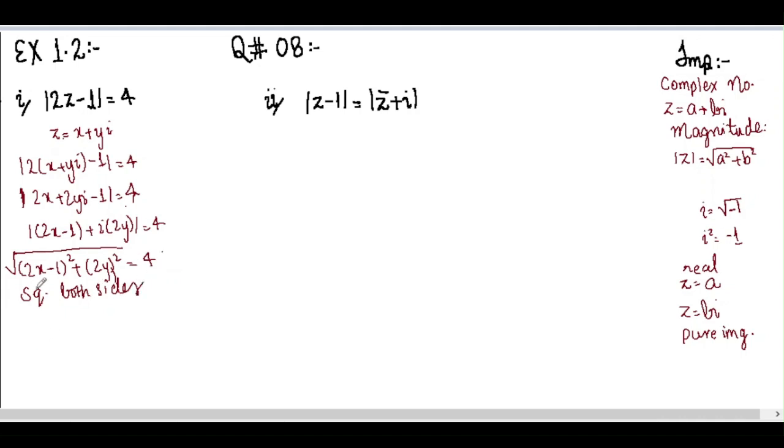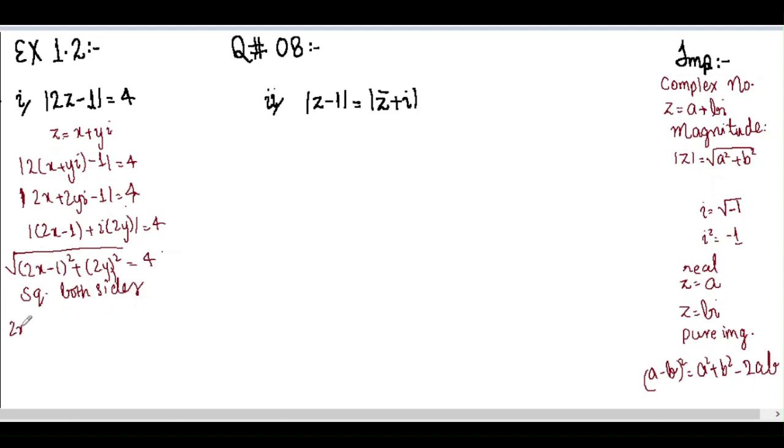Square and square root cancel, and now we are going to open these squares. I'm going to write the formula over here. A minus b whole square equals a square plus b square minus 2ab. Now this is a minus b whole square. A is 2x, b is 1.